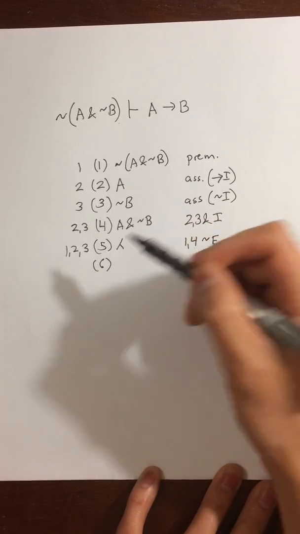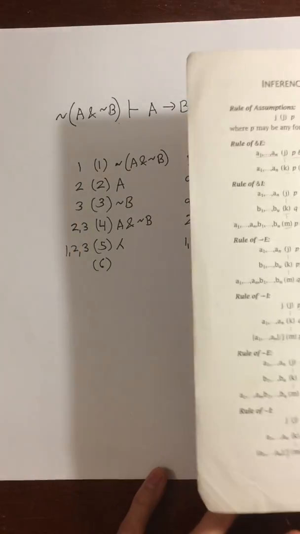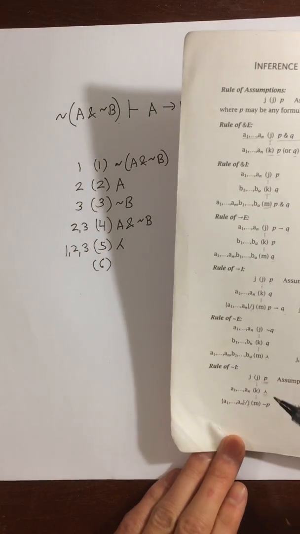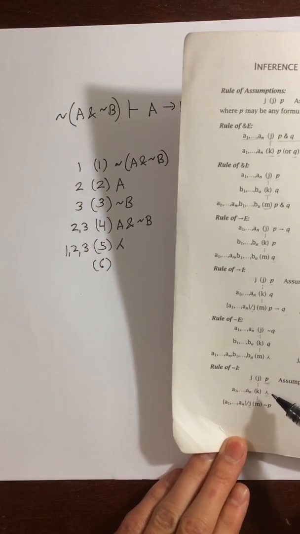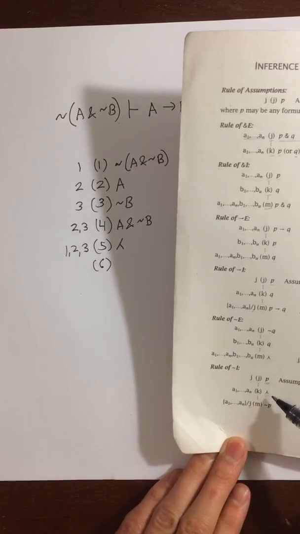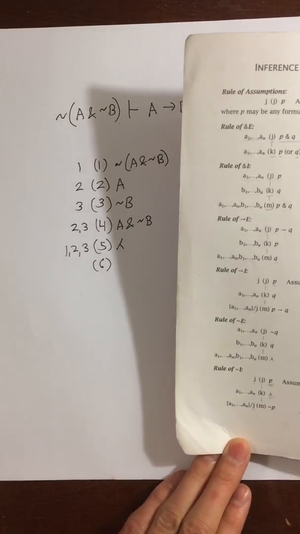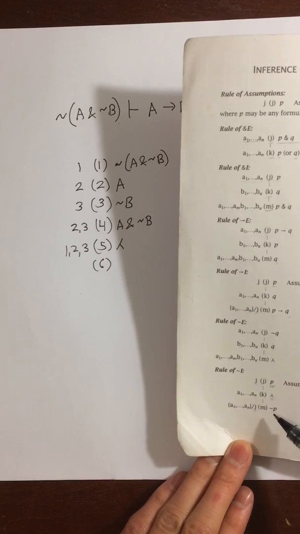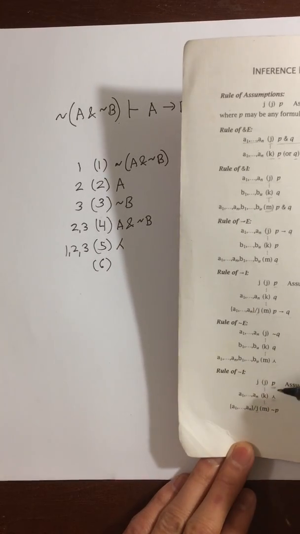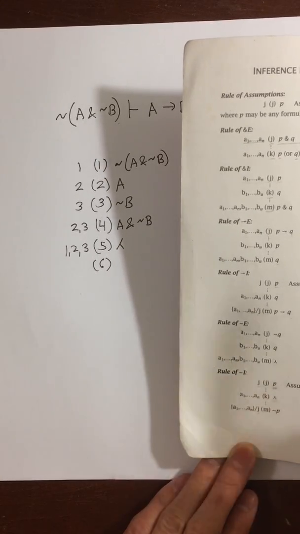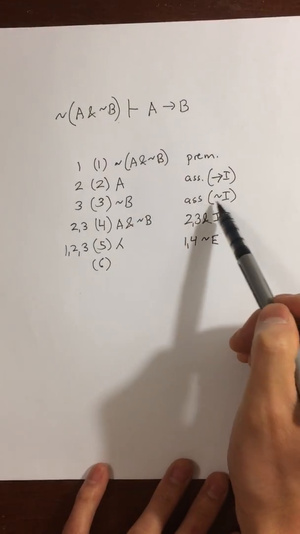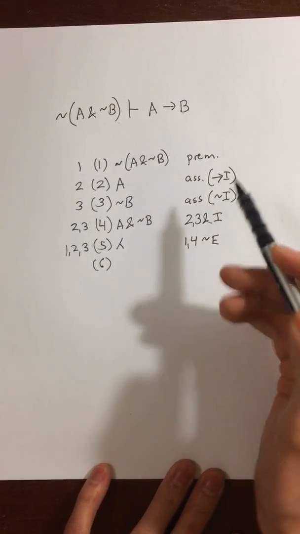So after our contradiction, we said that from the contradiction we can use the lambda to produce a negated formula. And here our note is going to tell us which assumption to negate.